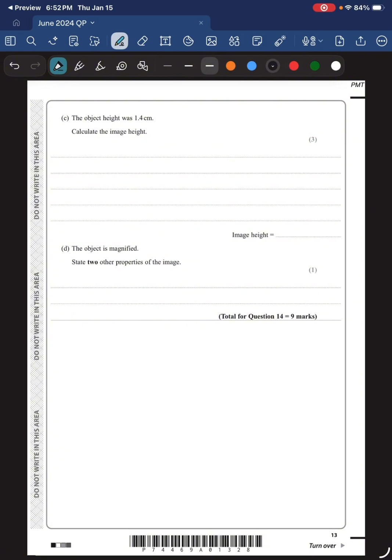So the magnification is given by V over U, right? So we have minus 12 over 4, so minus 3. Okay, so the image height is equal to the magnification times the height, which is 1.4, so minus 4.2 centimeters.